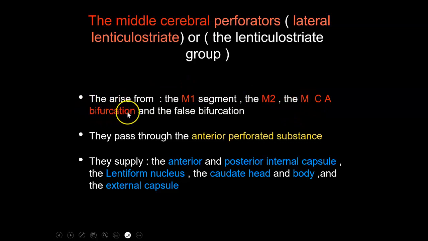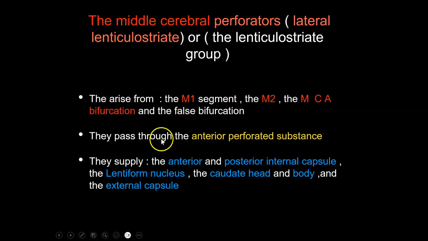It divides into superior and inferior division at the insula inside the sylvian fissure, forming the M3 segment. So the M1, then it bifurcates, forming the M2, and then it bifurcates in the M3 segment, as we'll see now.